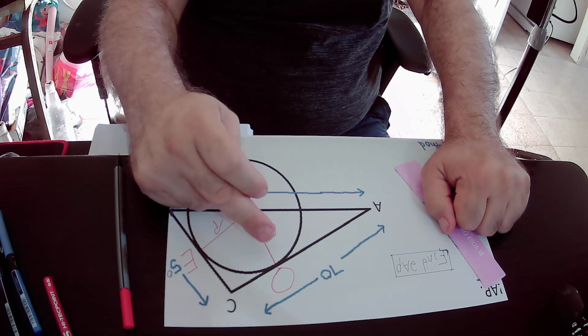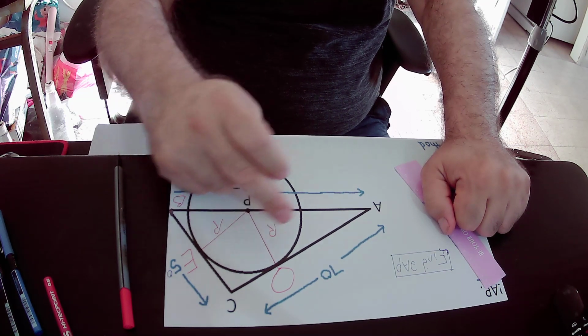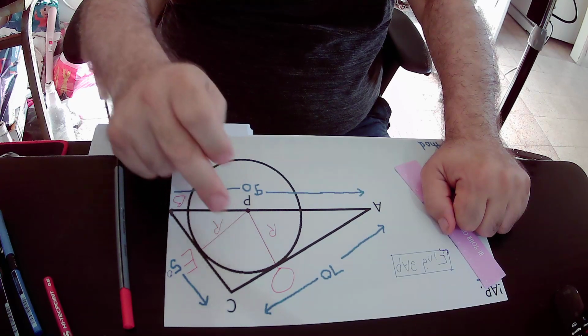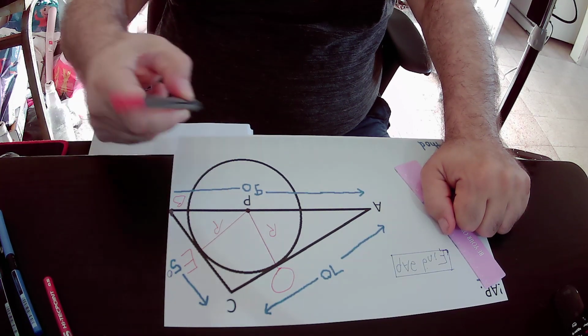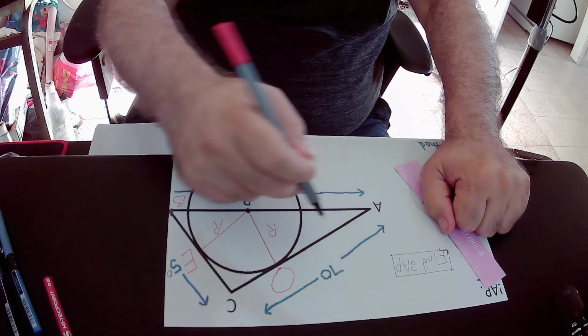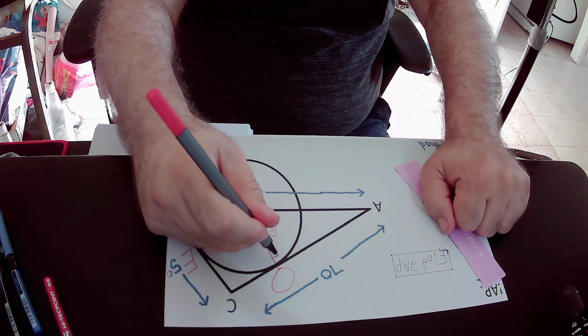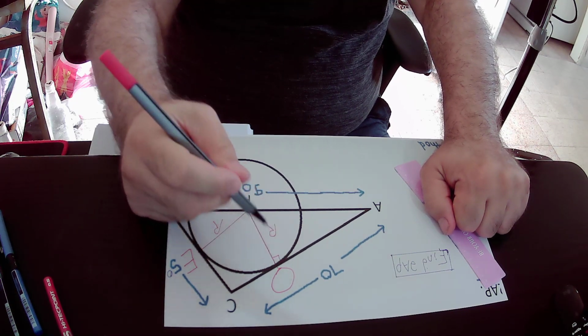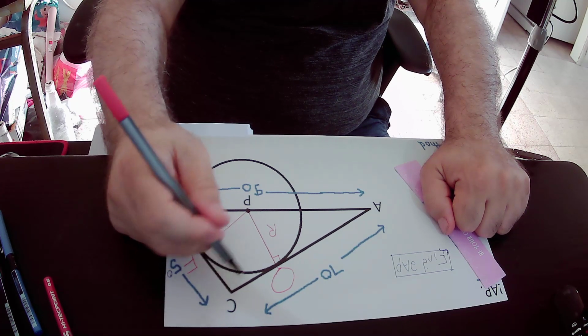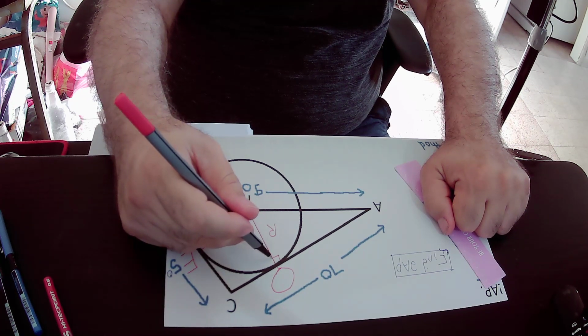So PO is perpendicular to AC. That is to say, angle POA equals 90 degrees, and also angle POC equals 90 degrees.